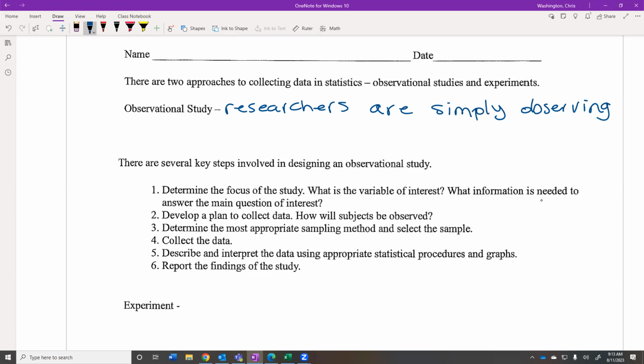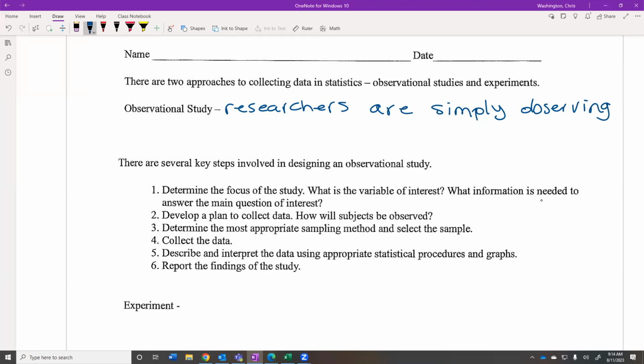Maybe we find people that vape and ask, have you had any issues with your lungs? Have you had any issues with going to the doctor? And we just follow those people and say, maybe there is a connection between coffee and cancer, right? There are all these connections researchers are trying to make, but all they're doing is observing.